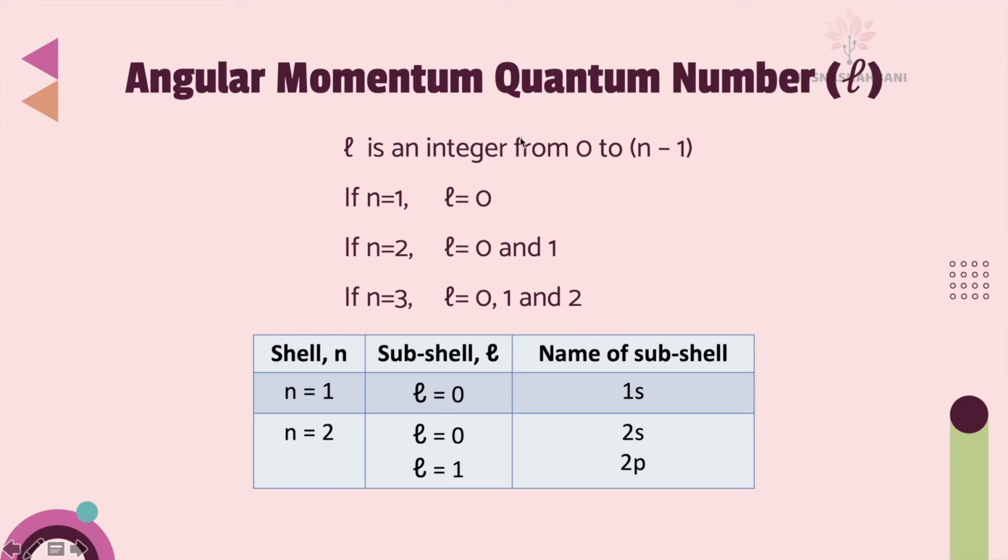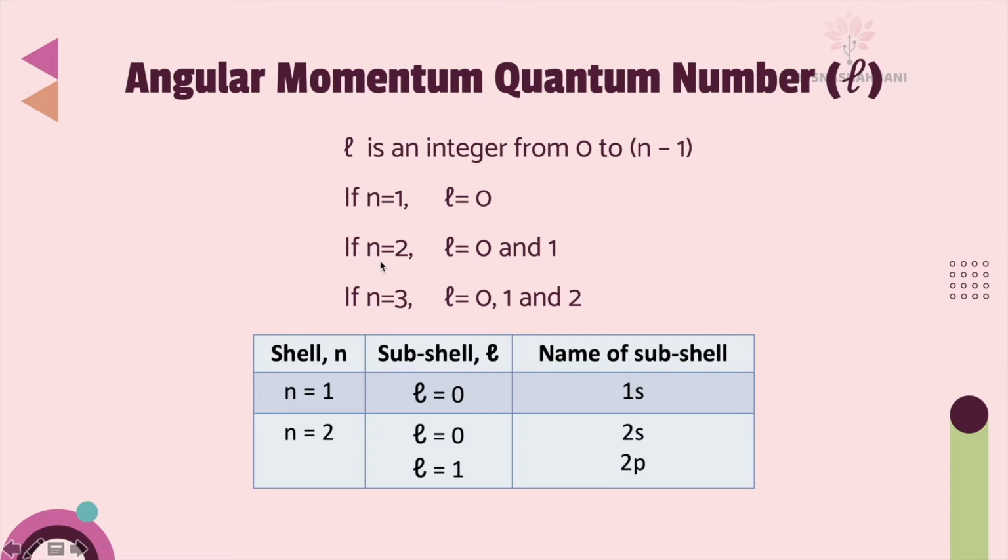L is an integer from 0 to n minus 1. If our n is equal to 1, L equals 0 to n minus 1. So our n is 1, 1 minus 1 is 0, so our L is 0 only if n equal to 1.